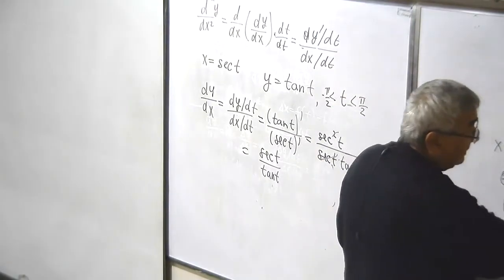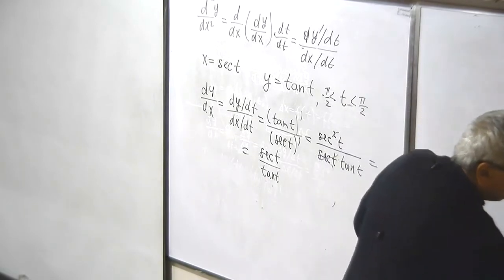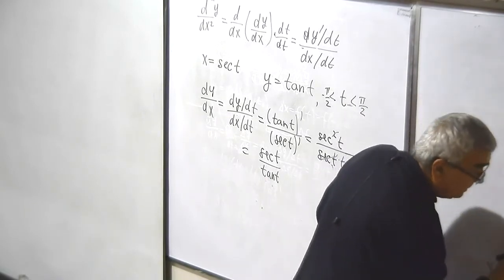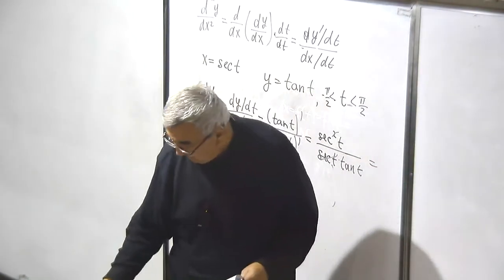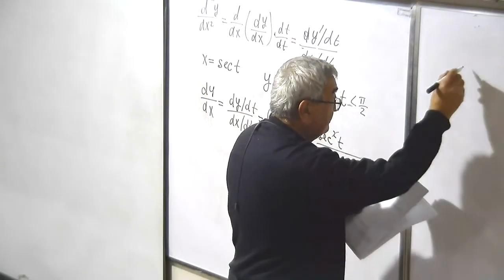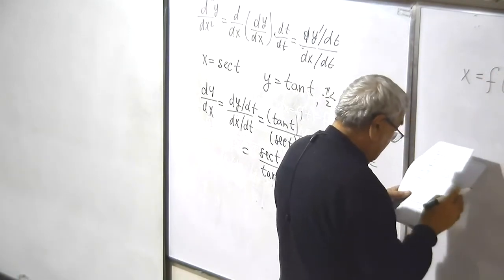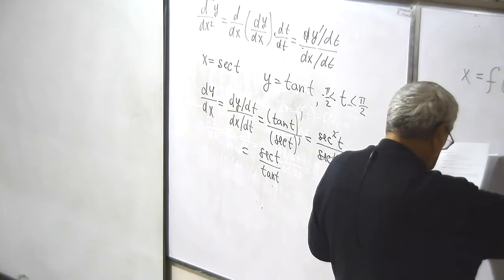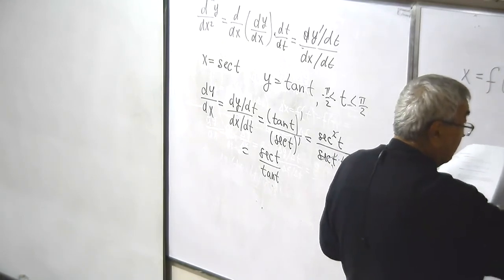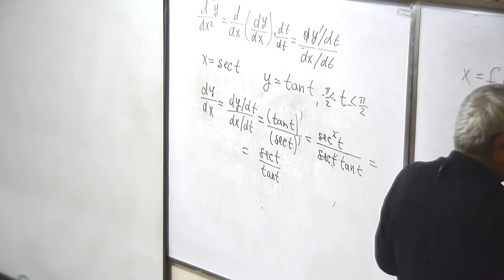Again, in the general case, let us take a curve on the plane determined by parametric representations, that means x equals f(t) and y equals g(t). And here t changes from alpha to beta.